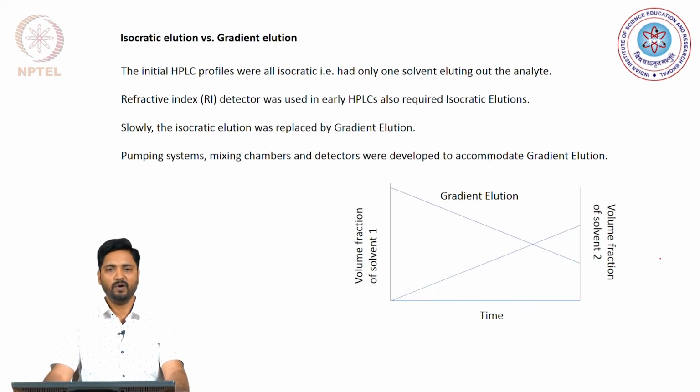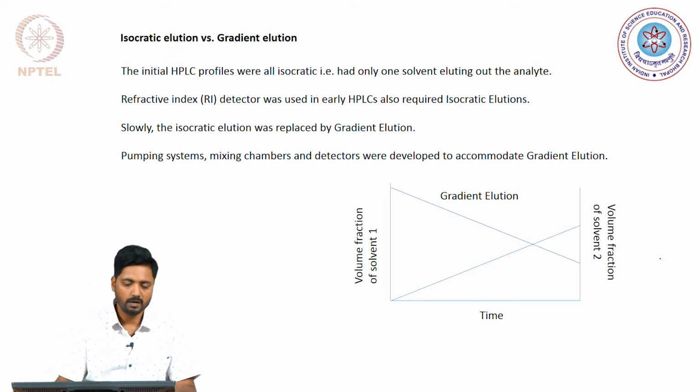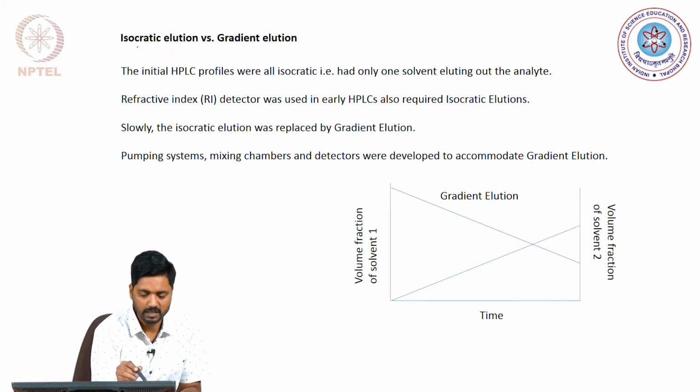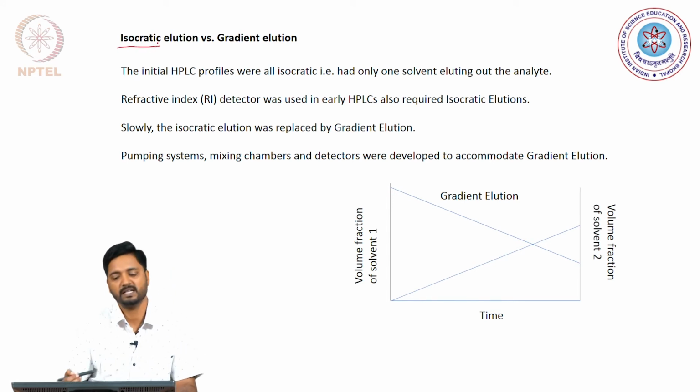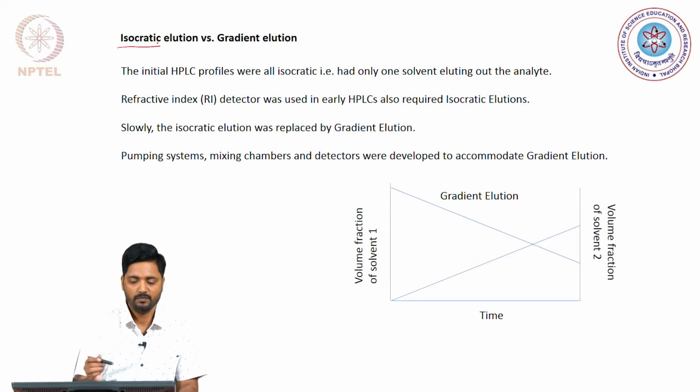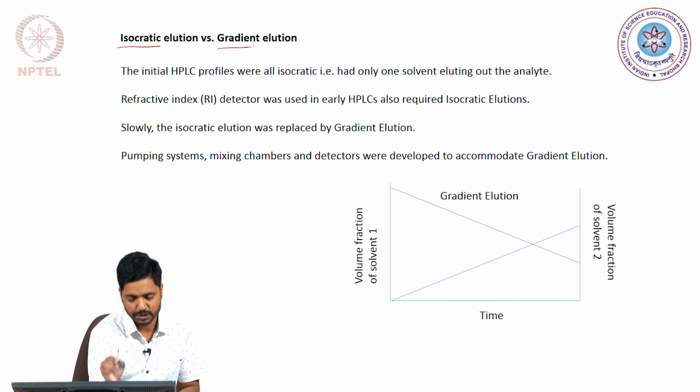So, while undertaking elution of the analyte, we would want to consider a few things. We would want to consider whether the elution is to be an isocratic elution or a gradient elution.